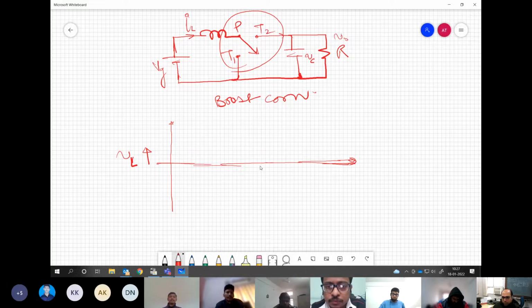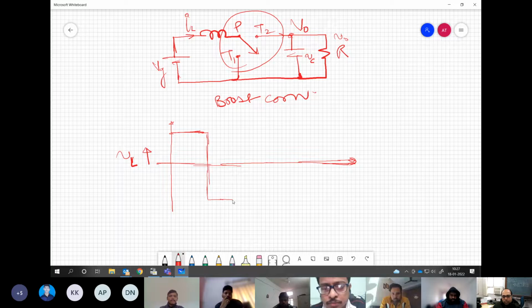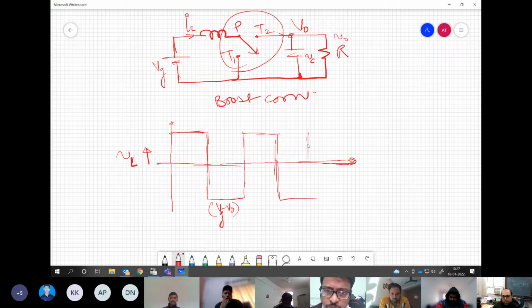VG. Correct? And when we are operating PT2, what is the inductor voltage? Let's say this point is VO on an average. VG minus VO, so I draw it negative, because of course VO is going to be more than VG, and this cycle repeats. There is no doubt about it, right?